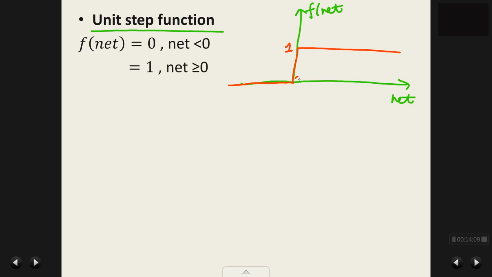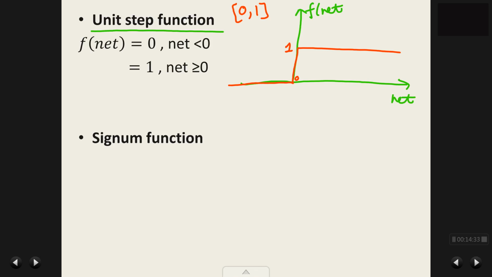So this is my 1, this is 0. The two levels between which it switches are 0 and 1.